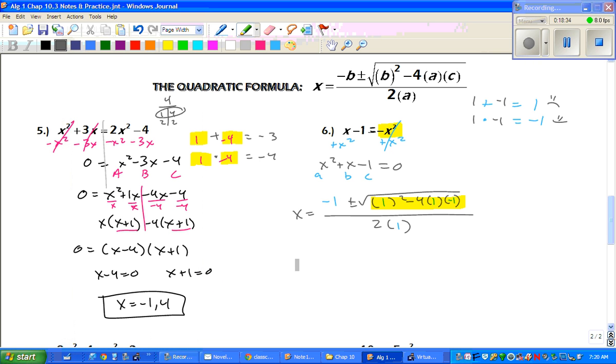Okay, so x equals -1 plus or minus the square root of 5 all over 2. We're going to split that into 2 problems. x equals -1 plus the square root of 5 divided by 2, and x equals -1 minus the square root of 5 divided by 2.